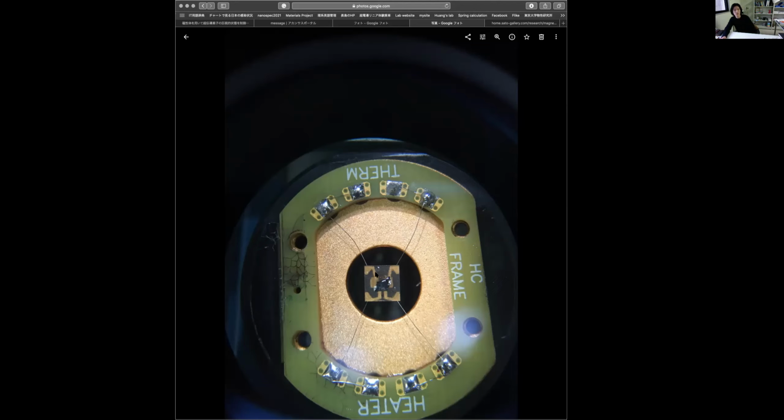Basically, this platform is hung by 4 wires, and it connects to the heat bus with only 4 wires. So small heat will come in, and small heat can go out. So this is not a completely adiabatic measurement technique.